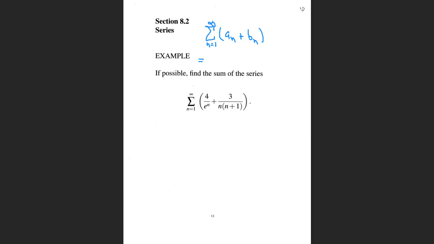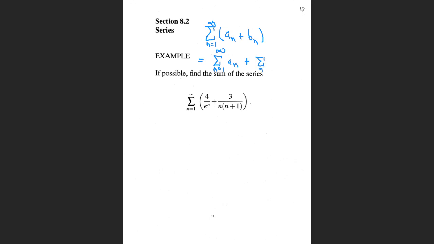It's a series where you have the sum of two terms. Yonatan? You could just separate it, saying the sum of 4 over e to the n plus the sum of 3 over n plus 1. Well, that's right. And you're utilizing this rule that I'm writing up here.